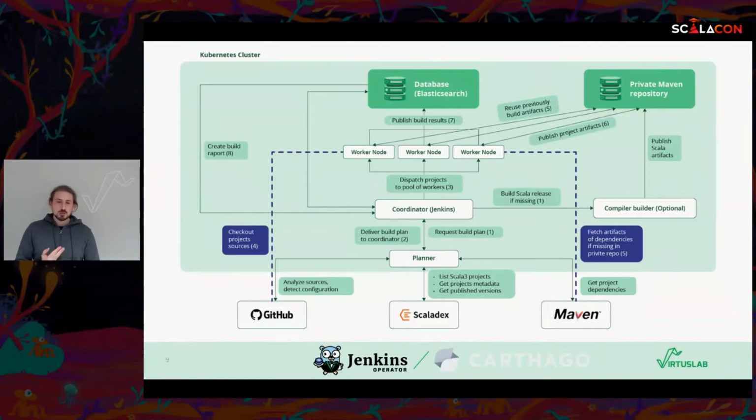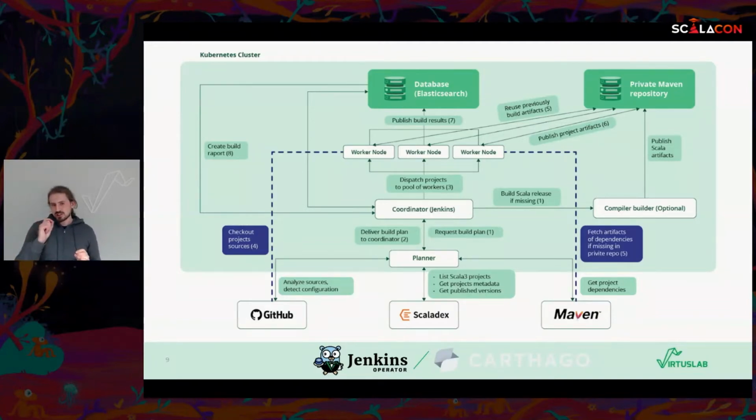However, we wish that it will be fulfilled, especially because a lot of projects actually use tools like Scala Steward, which automatically updates their dependencies. So nowadays, there's quite a big chance that we would actually have a hit. So based on these dependencies, we will create a graph of dependencies, which can later be translated into a set of stages, where each stage contains only libraries for which all the dependencies have already been built.